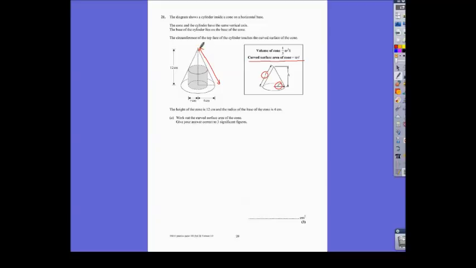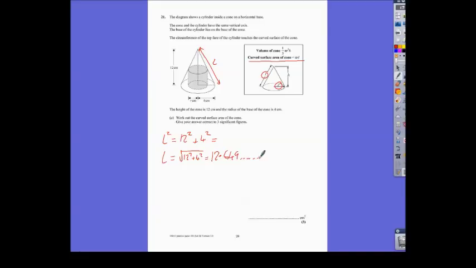So to work out the length of that side, we just use Pythagoras. So L squared would be 12 squared plus 4 squared. So L would be the square root of 12 squared plus 4 squared, which is 12.649. And again, leave all of that in your calculator display.